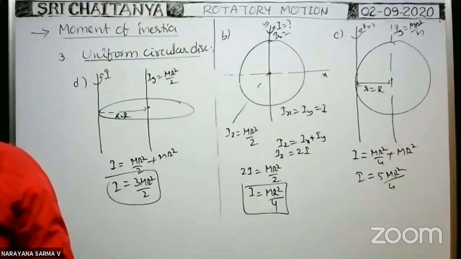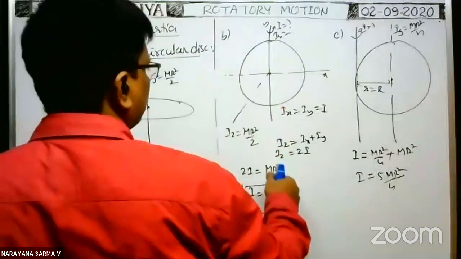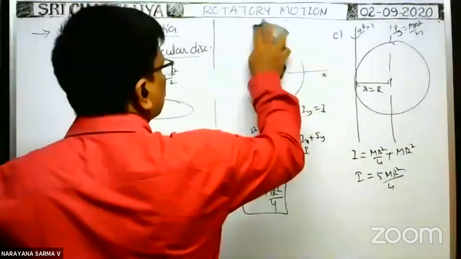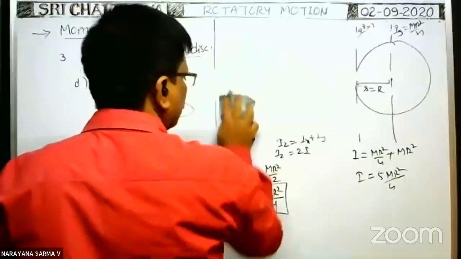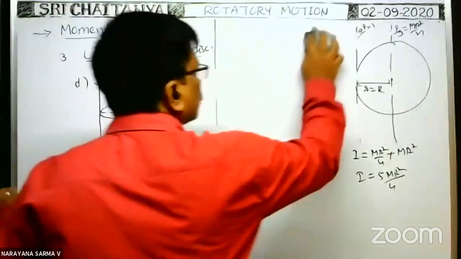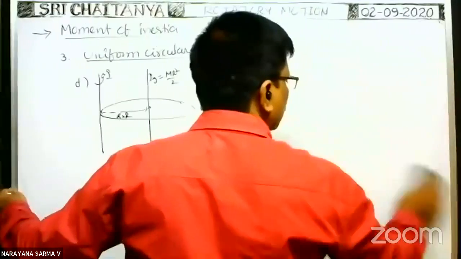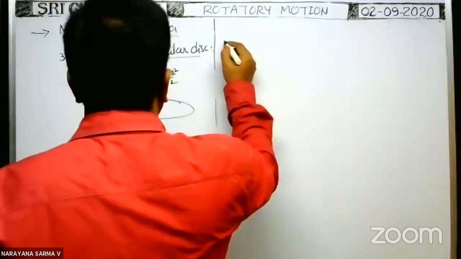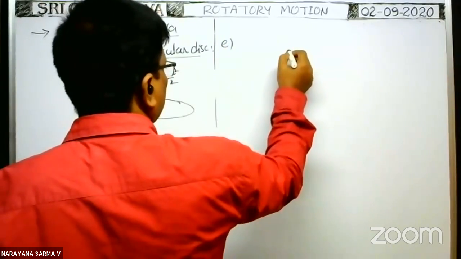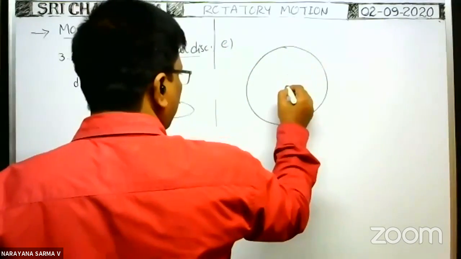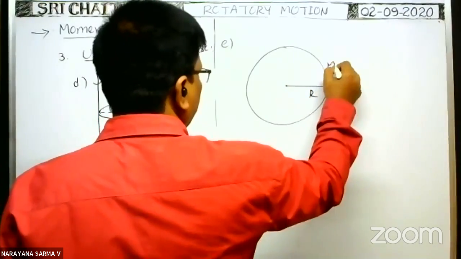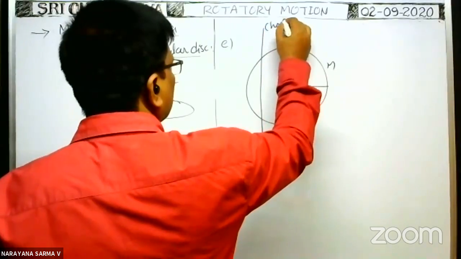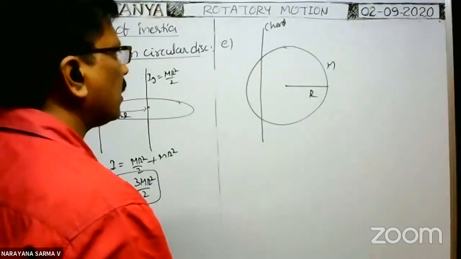Sometimes you may be asked: suppose this is a circular disc of radius capital R and mass capital M. About one chord, what is the moment of inertia?